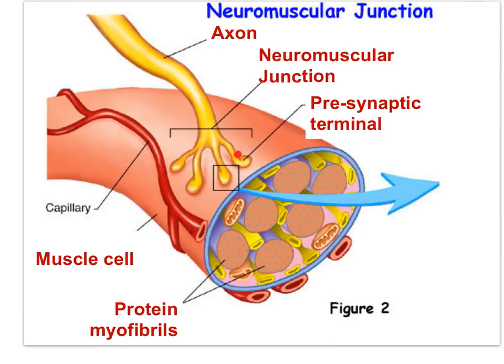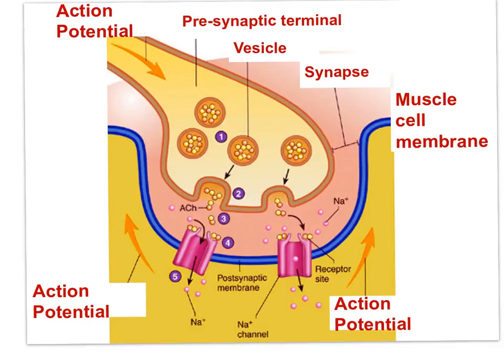And we have a neuron that has come into contact with the membrane of the muscle cell. And as the action potential arrives to the axon terminal of the presynaptic neuron, acetylcholine is released into the synapse. You can see the acetylcholine abbreviated here, ACH.